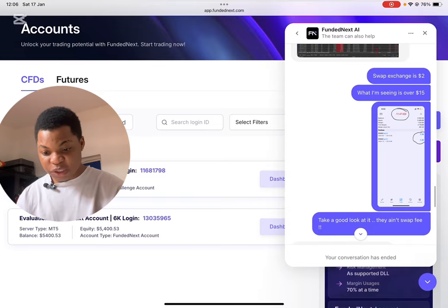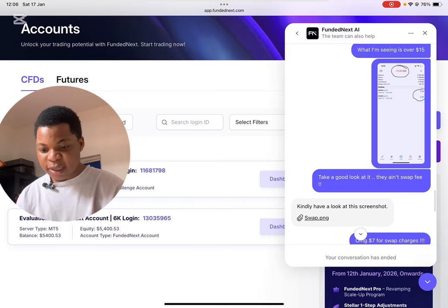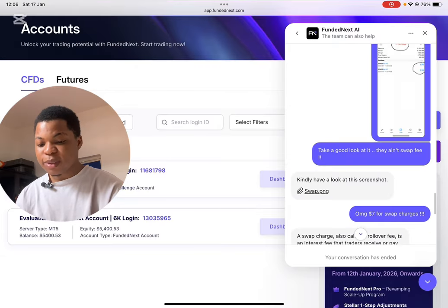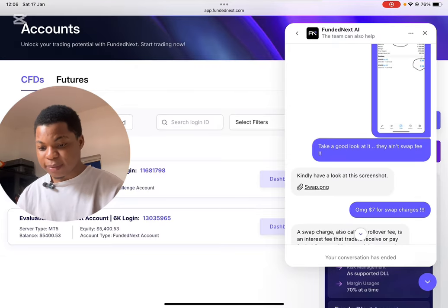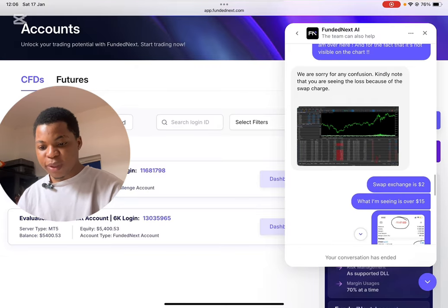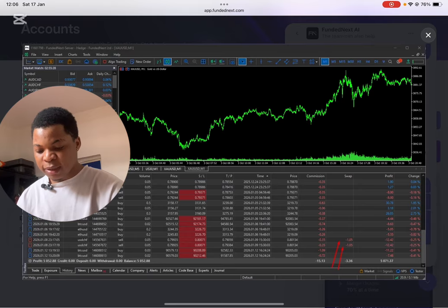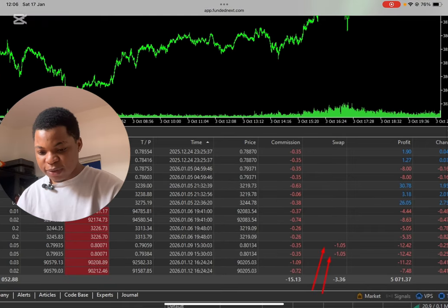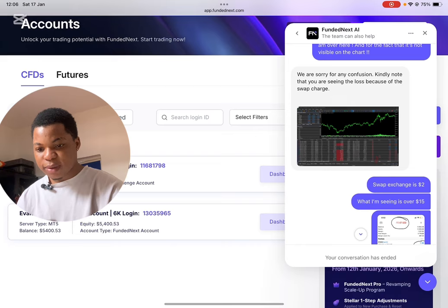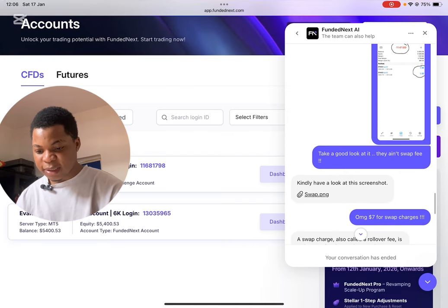So I sent him a screenshot again, and I said, take a good look at it, the end swap fee. Now mind you, what I checked here was only the arrow that he pointed. You understand? So let's see the second screenshot that he sent here.